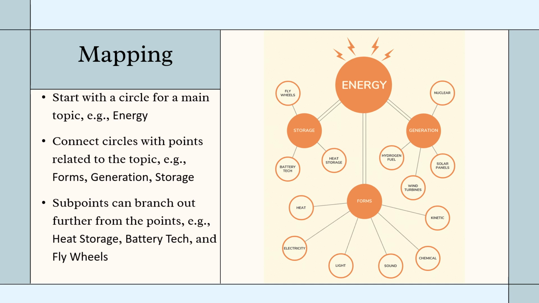The third and last method of note-taking we address in this presentation is mapping, also called concept mapping or mind mapping. The following slides give you a couple examples of mind maps. You write your main topic in a circle, then have points and subpoints branching out from it. This slide describes several properties of energy, including its forms, ways it can be generated, and ways it can be stored.